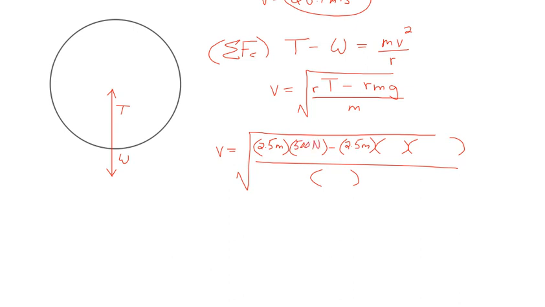The m was 1.6 kilograms. So that goes there and there. And the g is 9.8 meters per second squared. And again, that will give you the answer in meters per second. And if you solve that, I think that came out to be 27.5.